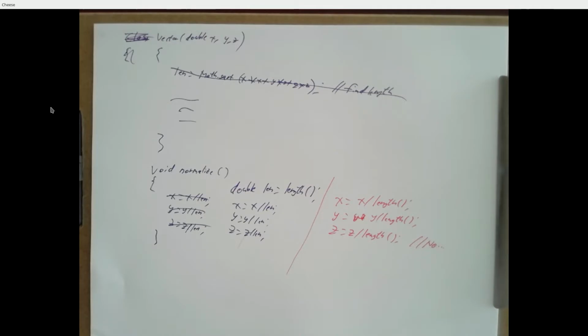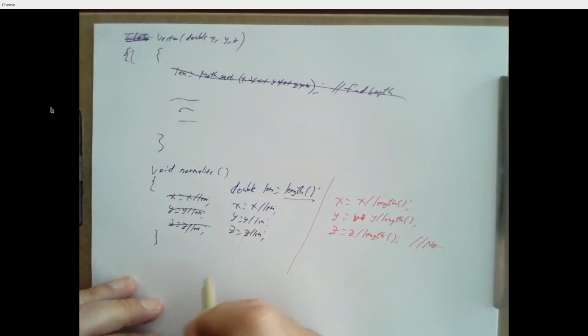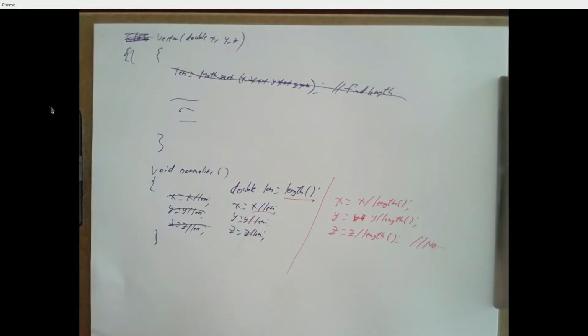Length is going to change each time. As soon as you adjust x, when you call length again, you're getting a different length from what you had the first time. So you're doing some kind of strange normalization here. If you do this, find the length before you make any changes to x, y, z, and then divide. I didn't take off for that because that's a really easy mistake to make. It can be a little subtle to find, but if you do this, your vectors will get wonky.